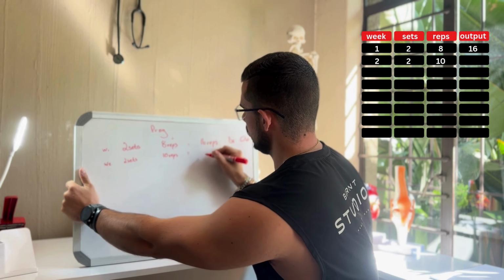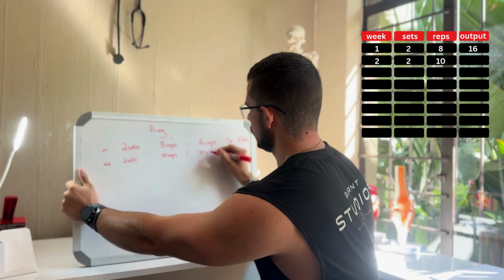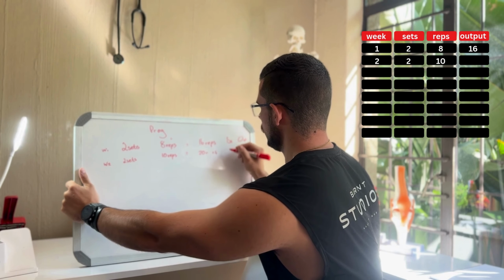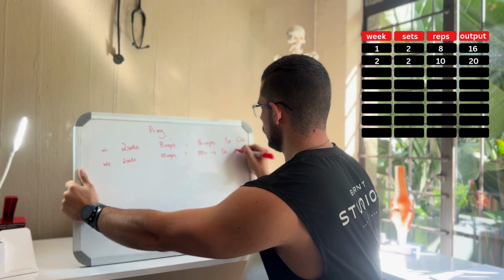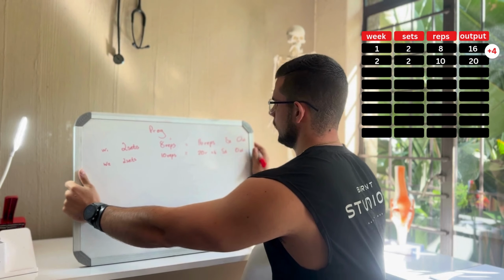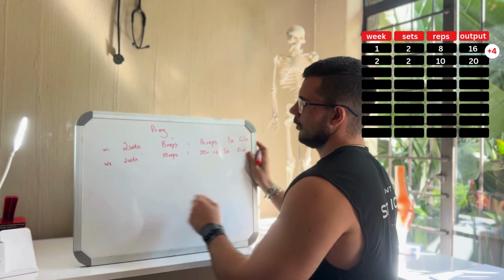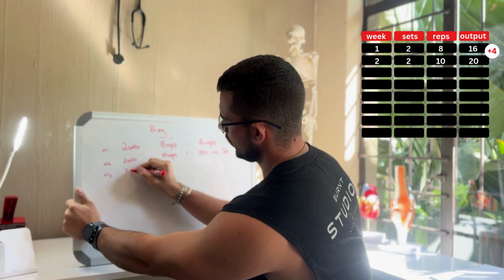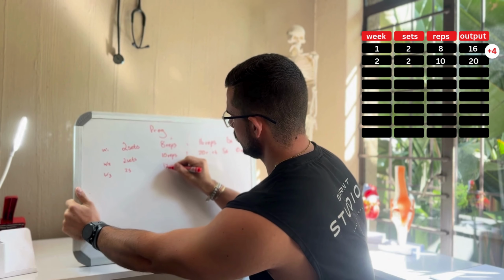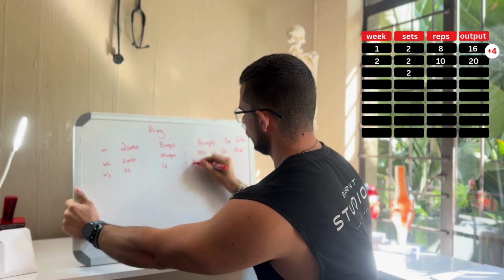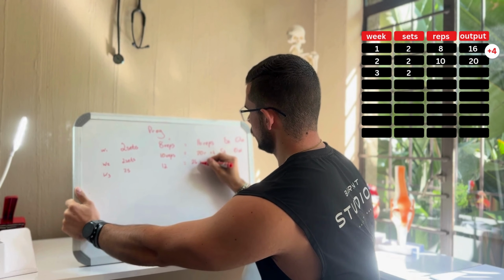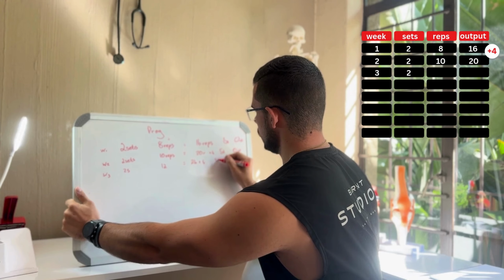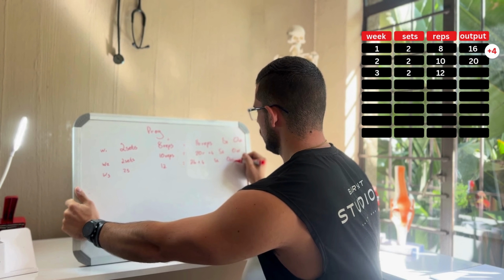And that is going to give you a total of 20 reps, which is plus 4 in your stimulus and your output. Then you can keep on doing this. So week 3, you do 2 sets, 12 reps, and you're going to have 24 as your output, which is plus 4 stimulus and output.